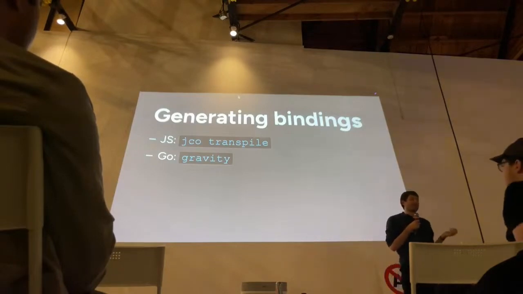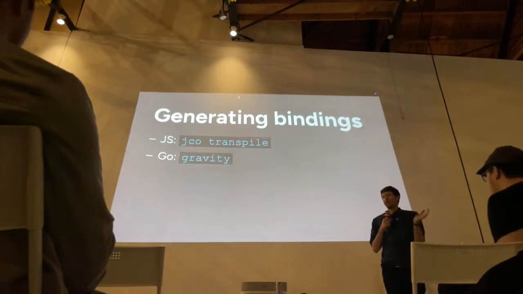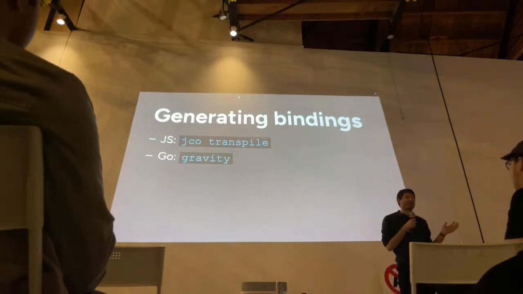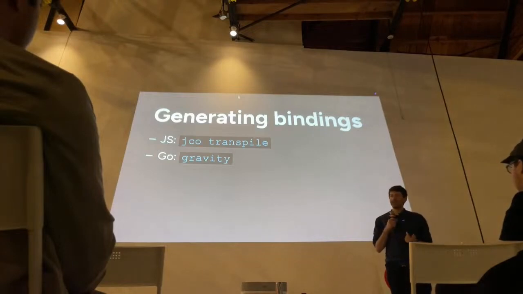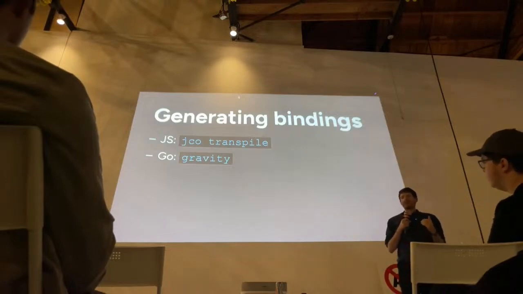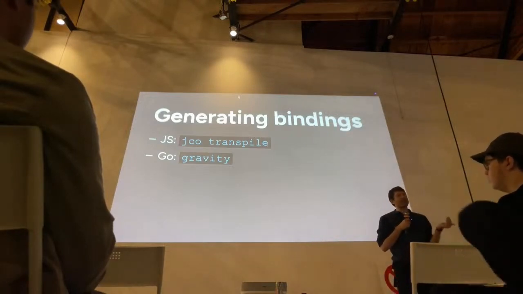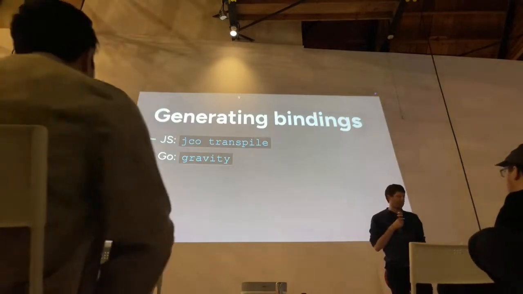You can do something very similar in Python using Wasmtime. You can generate the bindings, but other language support is not as mature. And so we've written our own tool called Gravity to do this for Go. It's in the process of being cleaned up so we can open source it, but it allows you to do the same thing, takes the WIT file and generates bindings for Go so you can call the same WebAssembly modules.